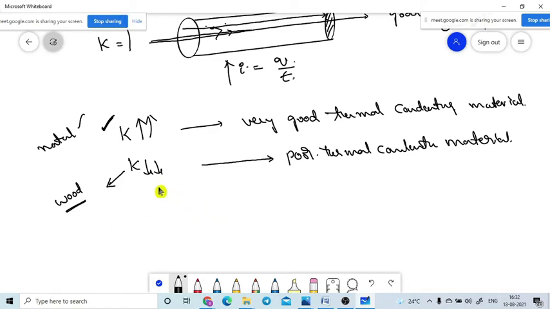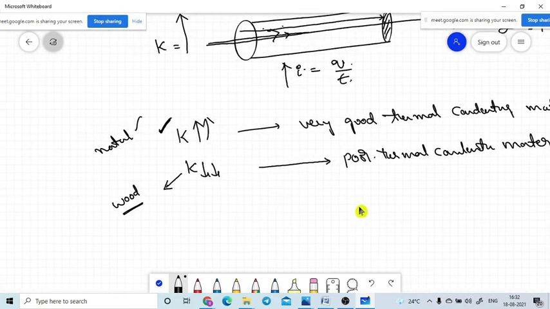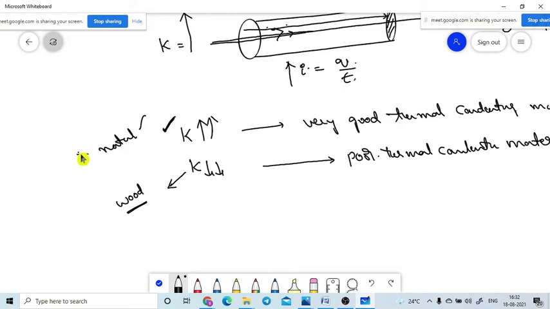Will you please look at this one? These are the same materials. They are good conducting materials for electricity also. All metals are good conducting materials for electric current also. If you look at wood, it is a bad conductor for electric current also. What does it mean, sir?